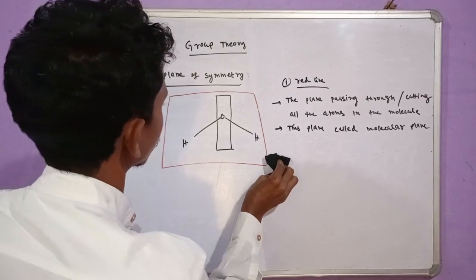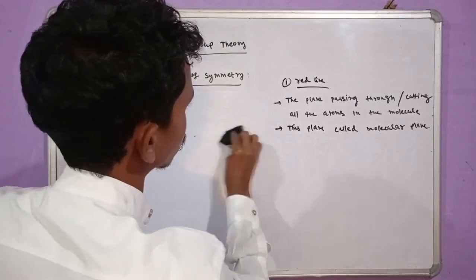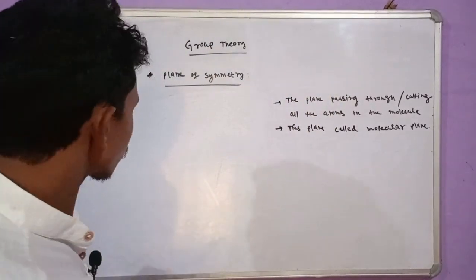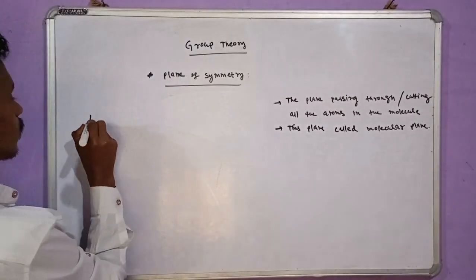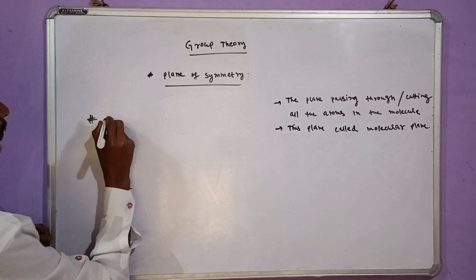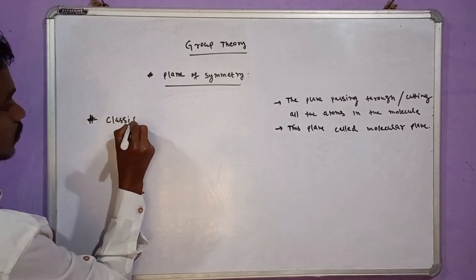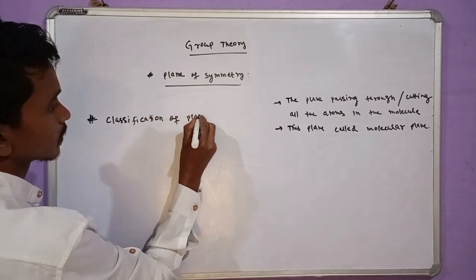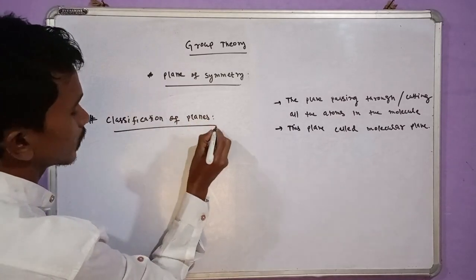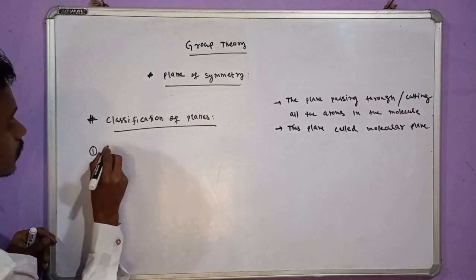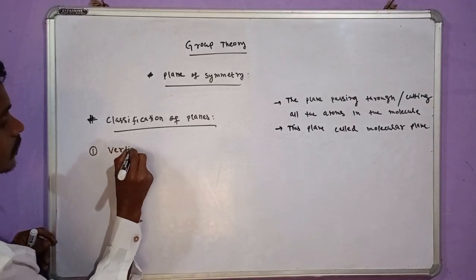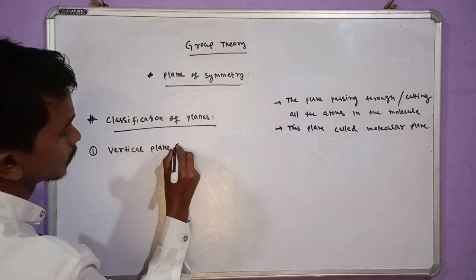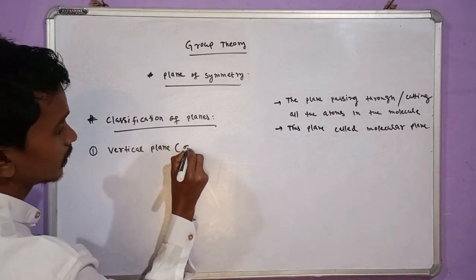Let's say, classification of planes. Planes can be classified into three types. One is the vertical plane, represented as sigma v, v for vertical.